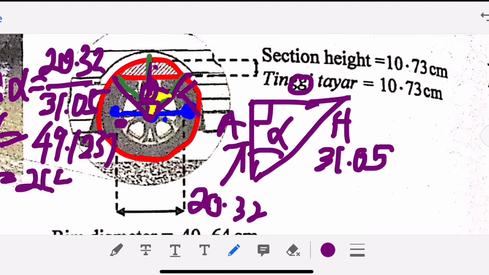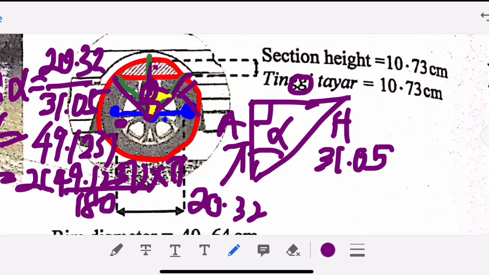Then this whole thing is theta, let's say theta is 2 times 49.1237, and we times pi over 180 to make it radian. So we times 2, and the question is asking for 3.142. We use 3.142 over 180, so the answer is 1.71496.